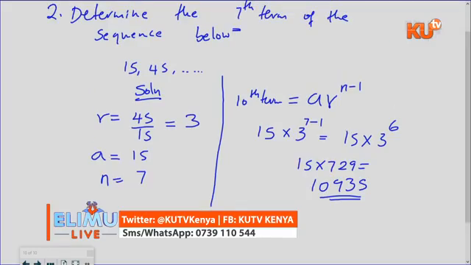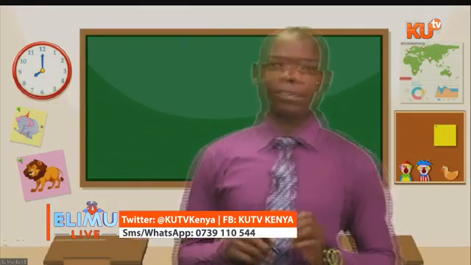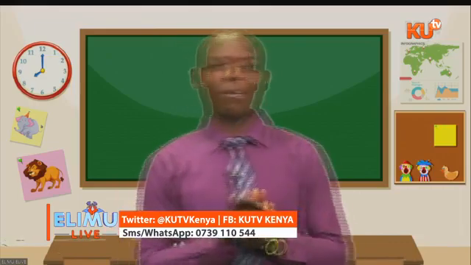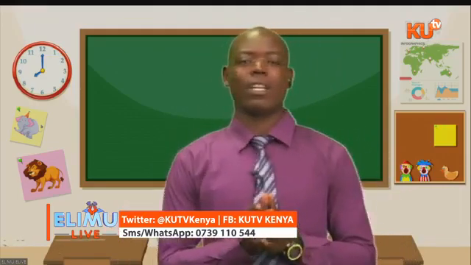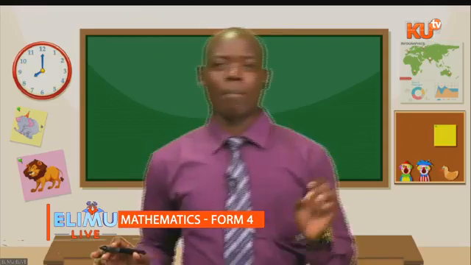That is what we talk of in a geometric sequence. Therefore, students, I believe from the analysis we've made, you can now work out any question relating to arithmetic sequence and geometric sequence. But it is very important for you to understand them, and to know the difference between the two.